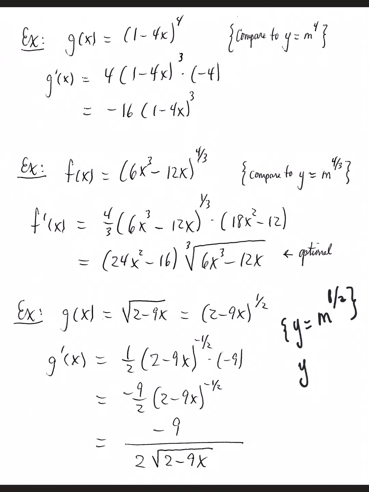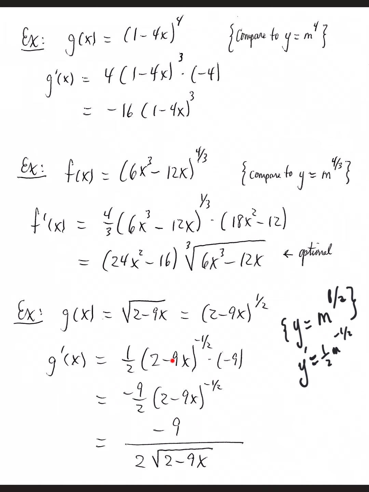If you were to take the derivative, you would get 1/2 u to the negative 1/2 when you subtracted 1 from your power. Use this in the main problem. So this outer derivative is going to be 1/2 (2 minus 9x) to the negative 1/2.